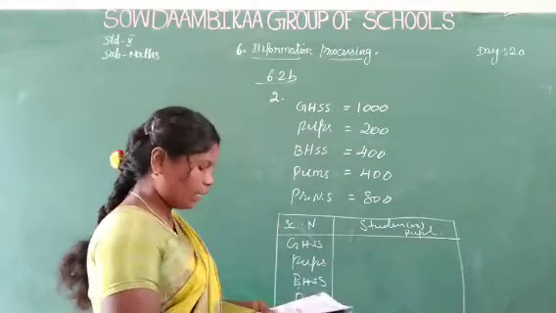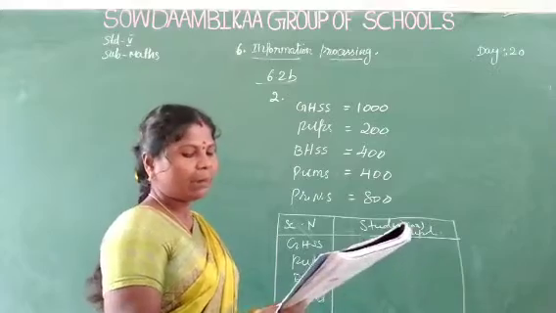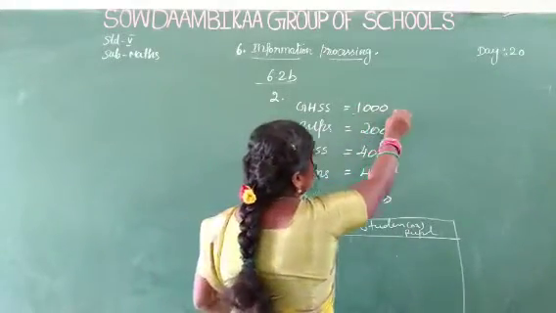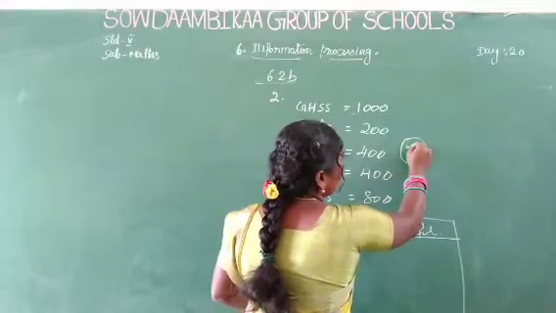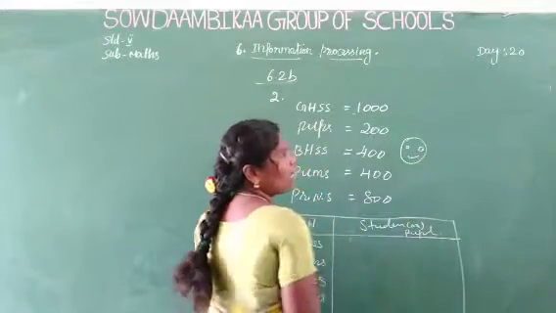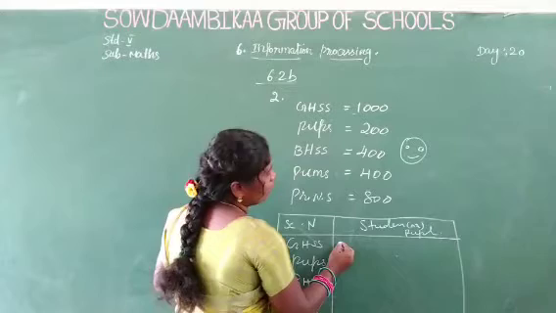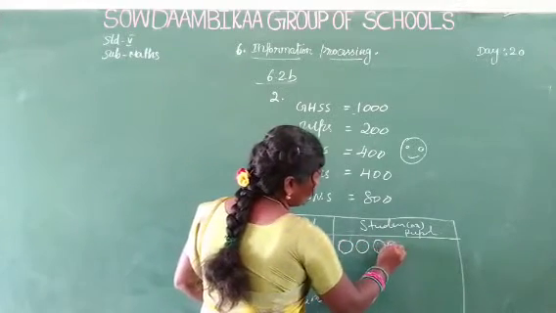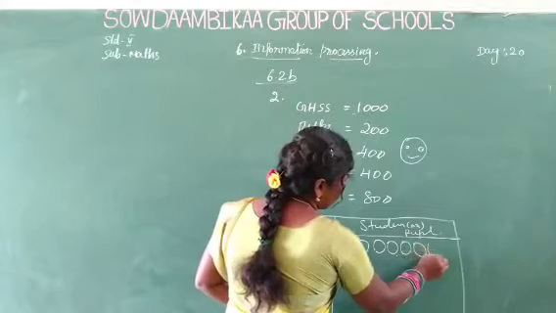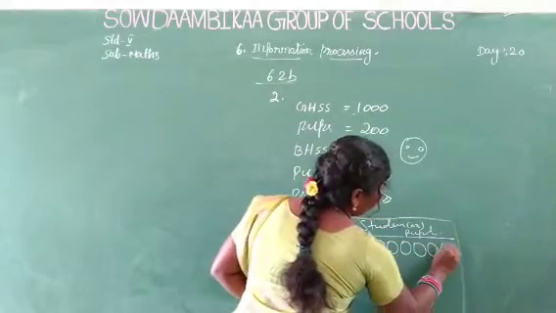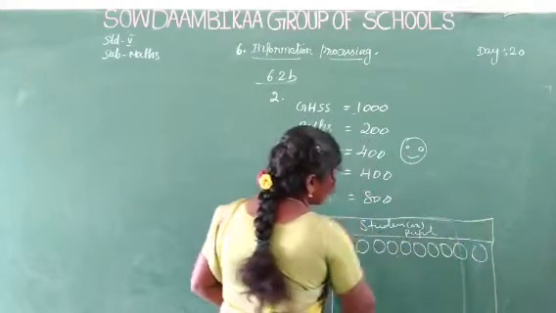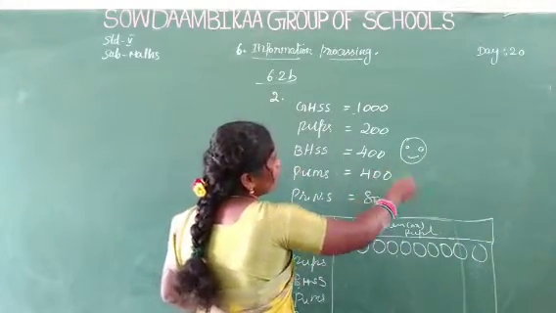Now draw the smile, each representing 100 people. So 1000, each one represents 100. So how many smiles? 1, 2, 3, 4, 5, 6, 7, 8, 9, 10. Because 10 hundreds are 1000.